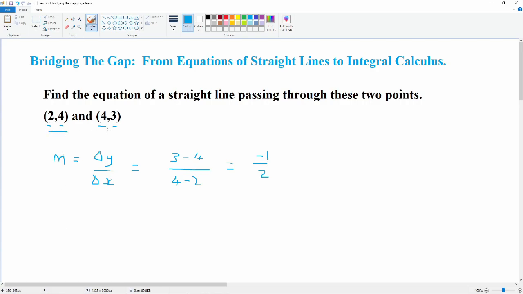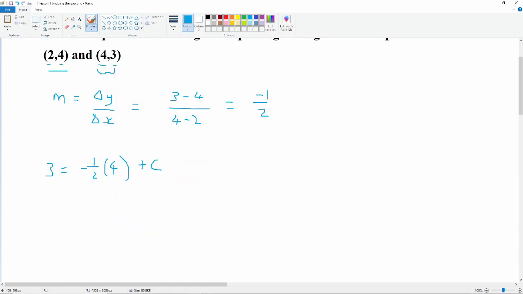Well, we did this one last time, so let's do this one this time. So 3 is equal to minus 1/2 multiplied by the x value, which is 4, plus a constant. We don't know what the constant is yet.